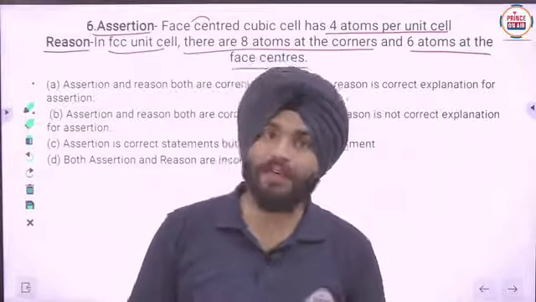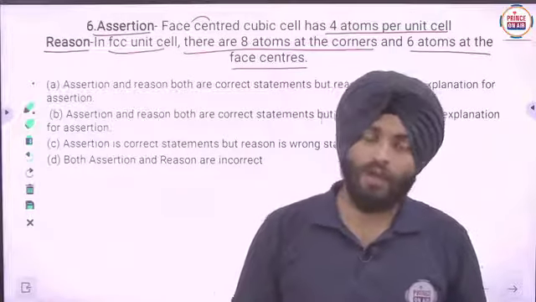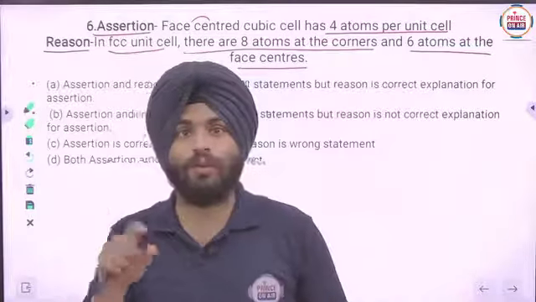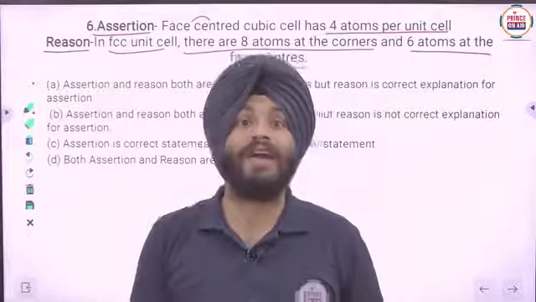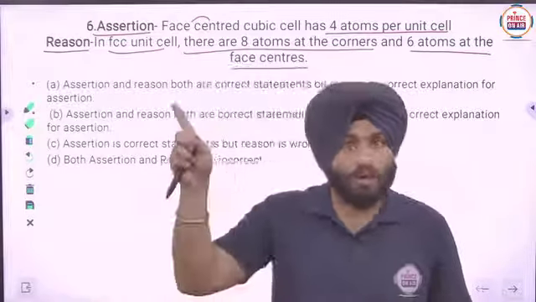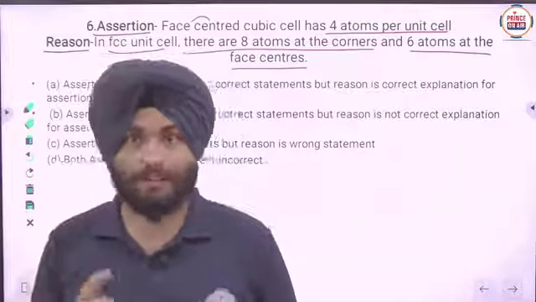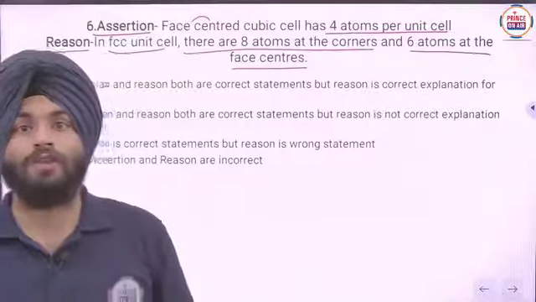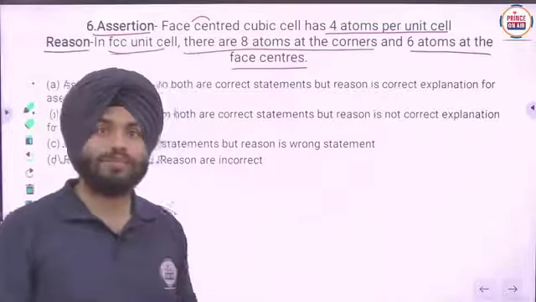In a face centered cubic cell there are 4 atoms per unit cell. In the reason, in the FCC unit cell there are 8 atoms at the corners and 6 atoms at the face centers. That is also correct. So is there any relationship between these two statements?